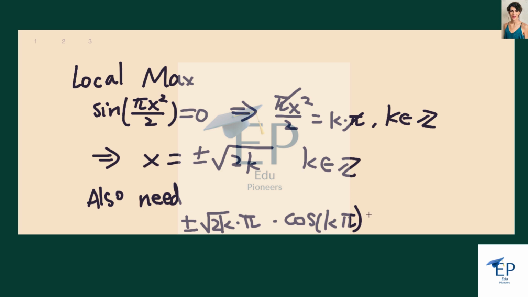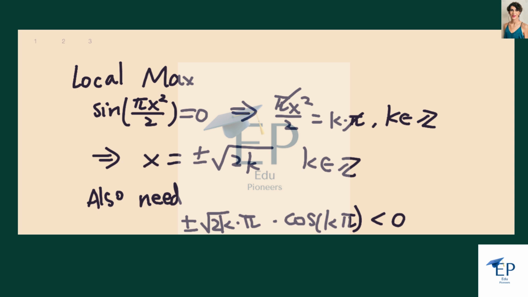We want this to be a negative number. So when is this negative? This is always positive. So for the cosine, when k is even, this gives you 1, and when k is odd, this gives you negative 1.